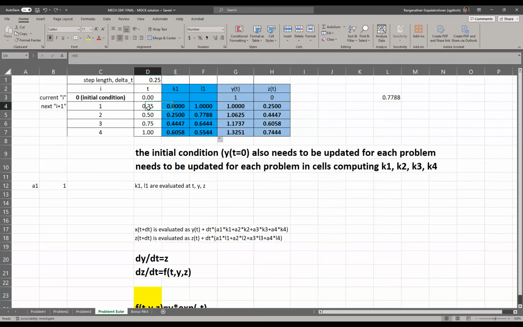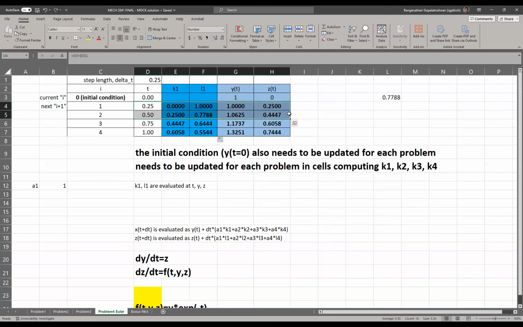Okay, so if you just look at the first two rows, we got y at 0.25 as 1 and z as 0.25, and then y value as 1.0625 and z value is, let me see what I got here. Oh, I have to multiply this by, so I left out a factor of 0.25.